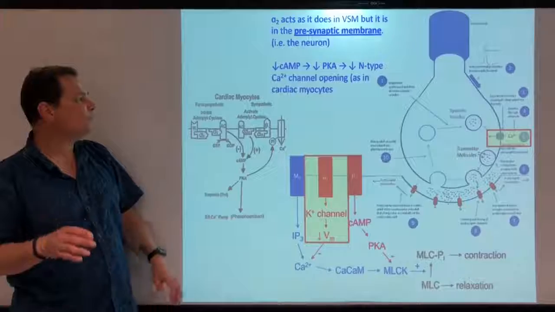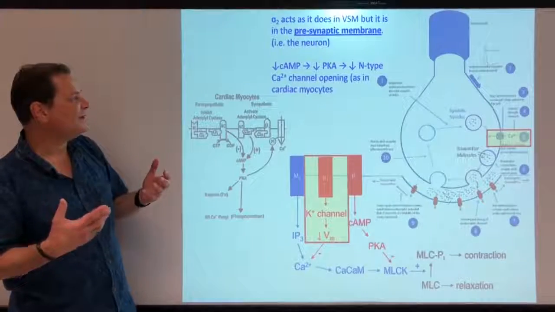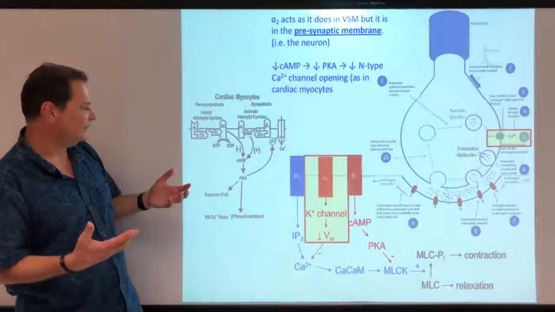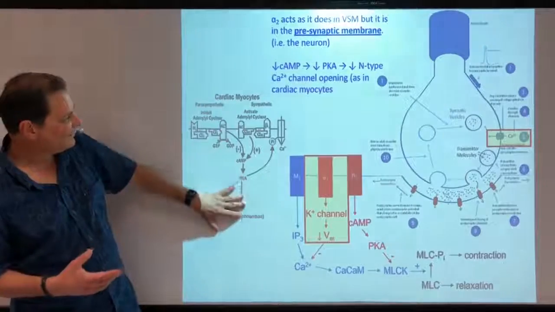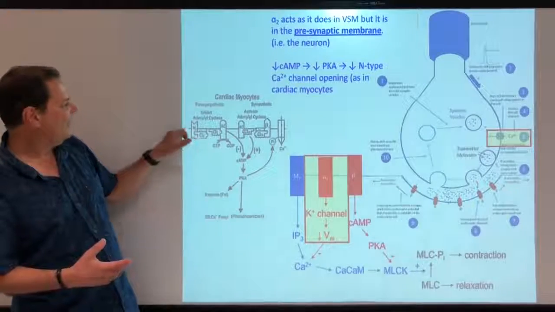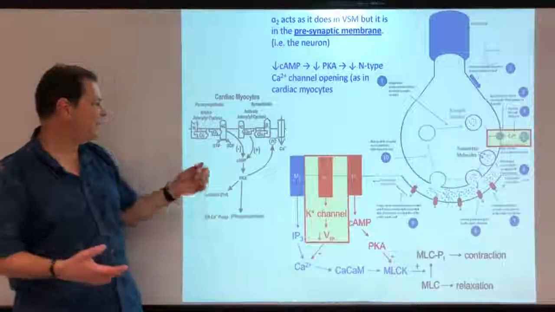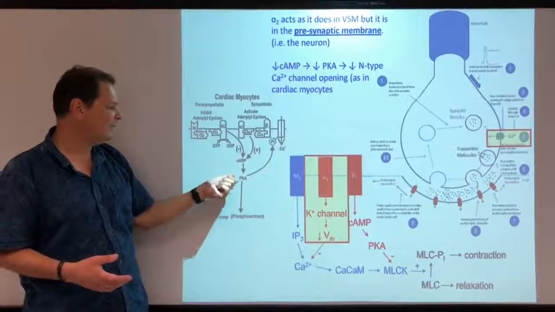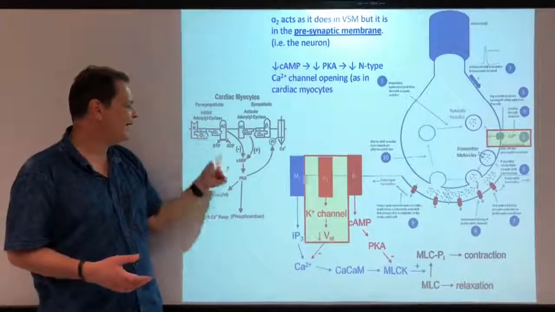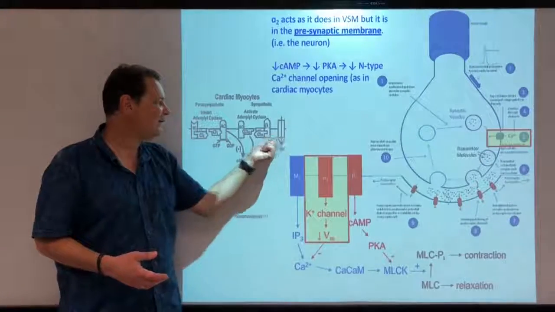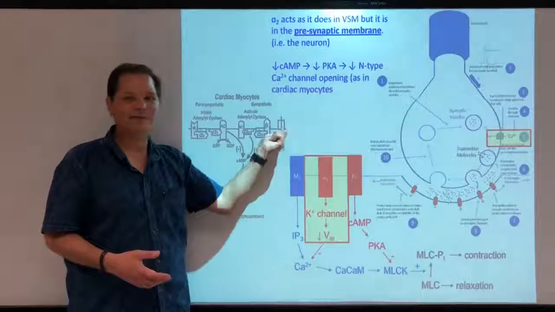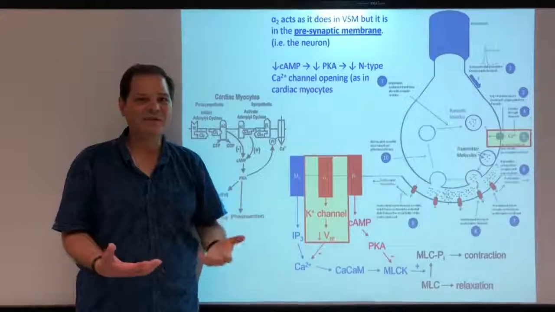All right. So that's the way this works, and that should not be unfamiliar to you. This is what happened in cardiac myocytes. The even-numbered muscarinics and the even-numbered alphas act the same way. Decreased cyclic AMP, decreased PKA. In the case of the muscarinic, that decreased phosphorylation of L-type calcium channels, which decreased calcium influx.